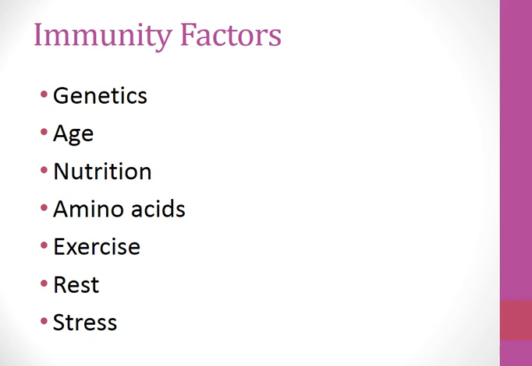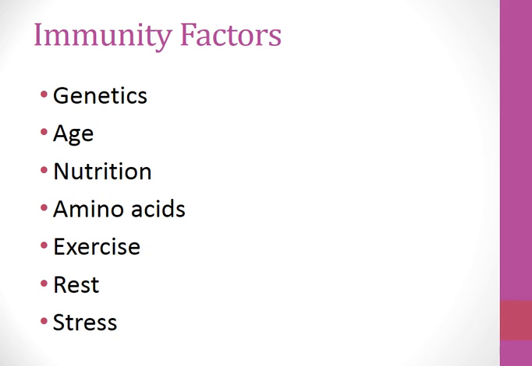So a type of bacteria may be normal to a cat or a dog, but it can cause a person an infection. Age, the very young and the older people are more susceptible to antigens getting inside their body.